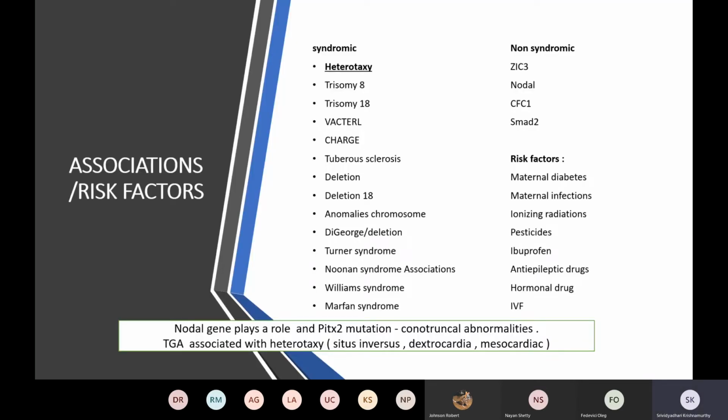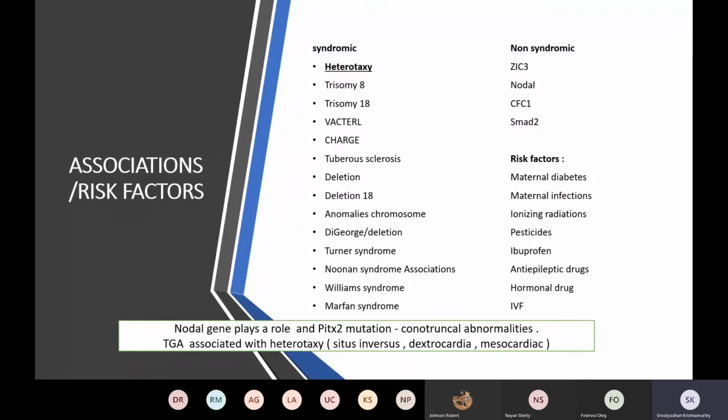TGA is rarely associated with any genetic syndrome, unlike Down syndrome, which is most commonly associated with AV canal defects, and tetralogy of Fallot, which is associated with DiGeorge.